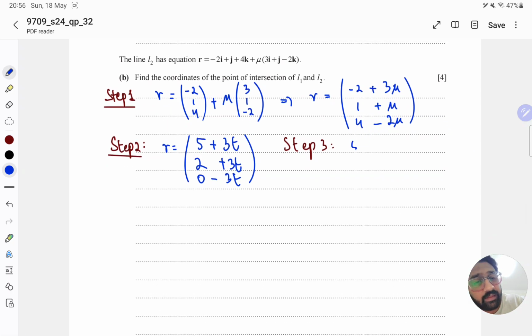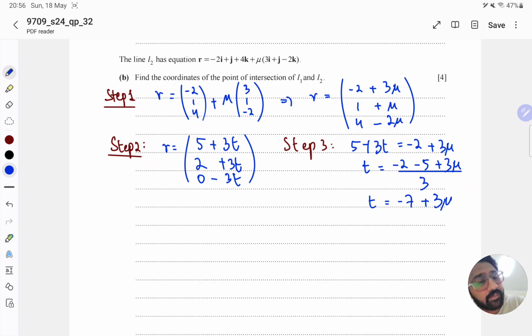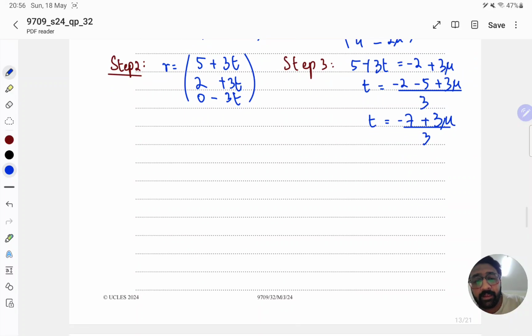So 5 + 3t will be equal to -2 + 3mu. If I simplify, t is equal to (-2 - 5 + 3mu) divided by 3. So t will be equal to (-7 + 3mu) divided by 3.